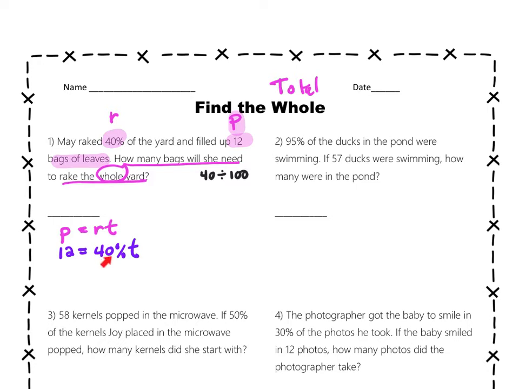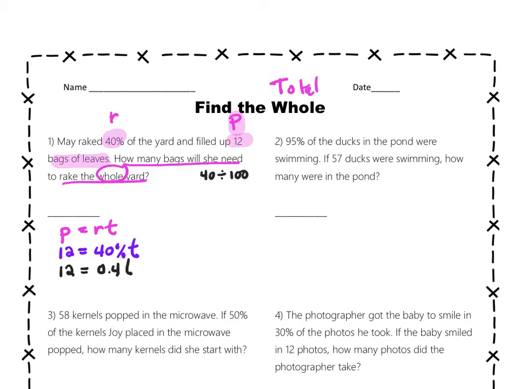You can pause and use your calculator if you need to. The 12 stays 12, and the 40% in decimal form becomes 0.4, or 4/10. You could also write it as 40 hundredths.